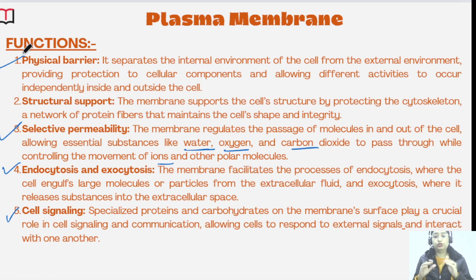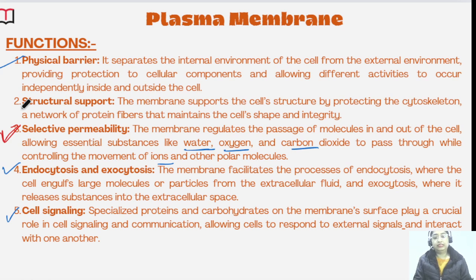It is also supporting the cell structure, and it is also called the selectively permeable membrane. Selectively permeable membrane means it is just allowing the entry of some selective molecules. For example, if you want to go to a cinema hall, PVR, to watch a movie, what happens?